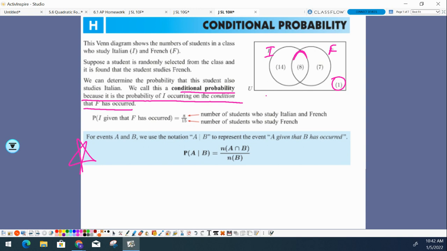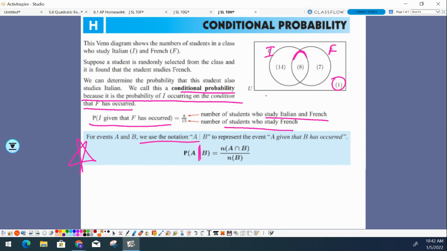So the probability of Italian given that French has occurred is just the number of students who study Italian and French, given that we know that they actually study French.